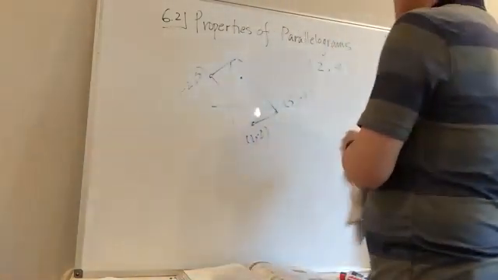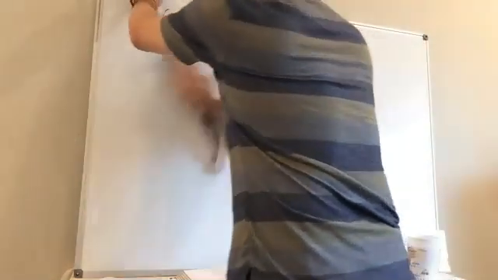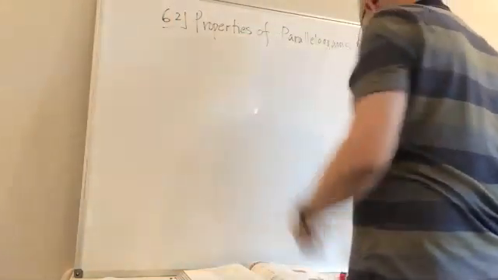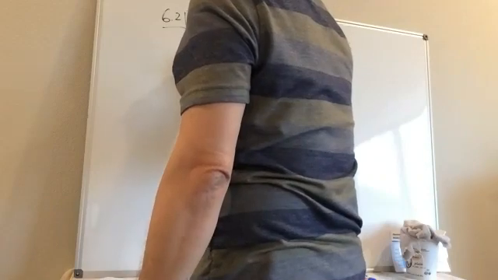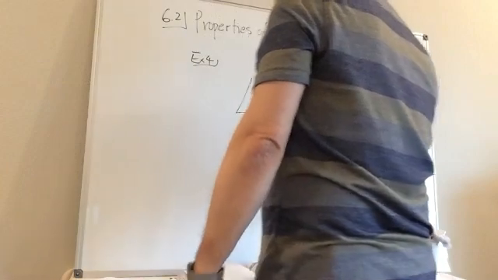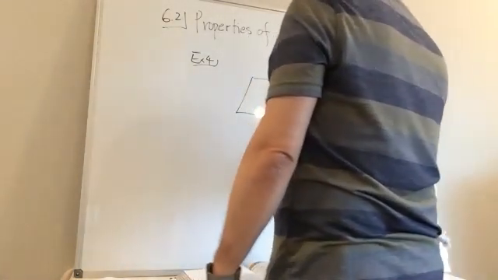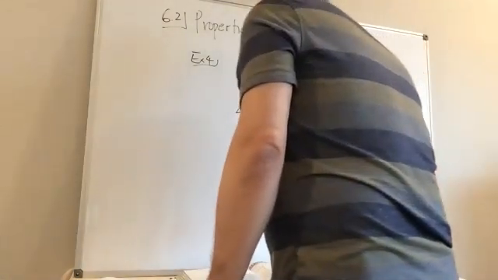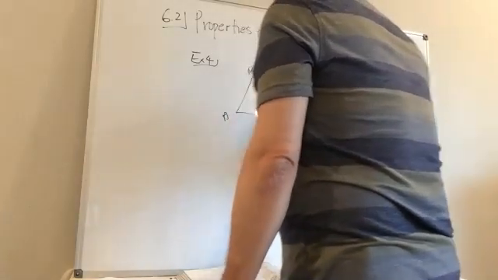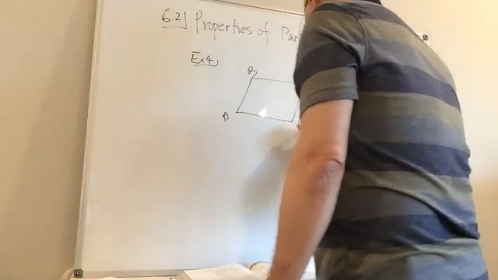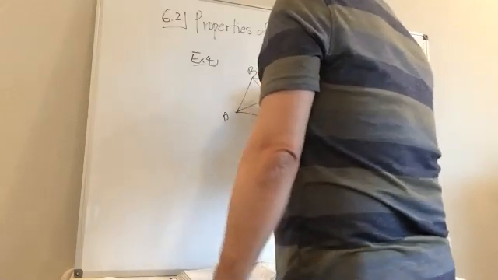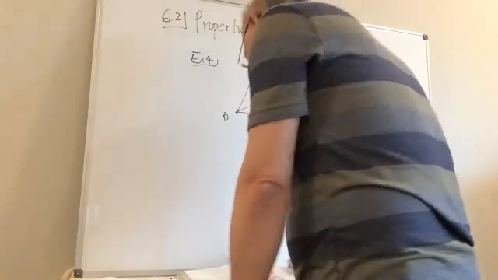And last but not least, let's do example number 4. We have a parallelogram ABCD, and then we have the 2 diagonals and E in the middle.